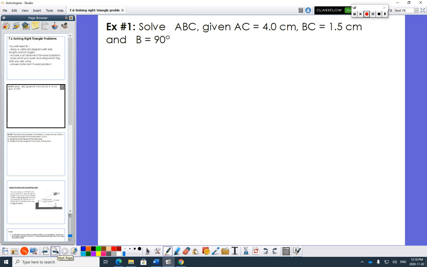Okay, so this one is not a traditional word problem, but we do need to draw the triangle, okay? So even if you don't use a ruler, that's fine, but you want to make sure that you have some kind of right angle looking thing. Oh, it says B is 90.